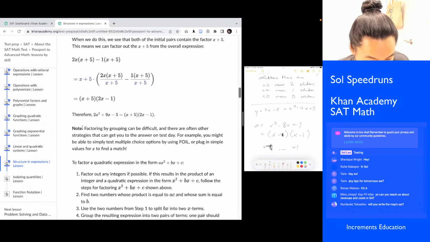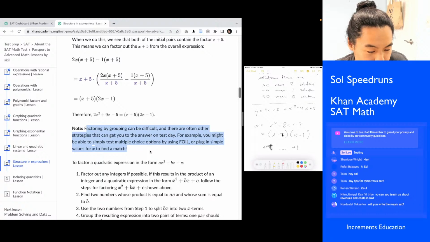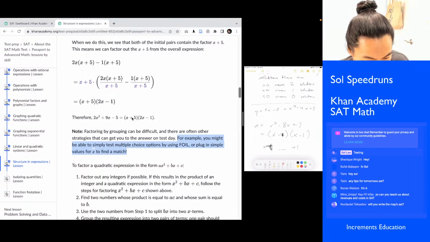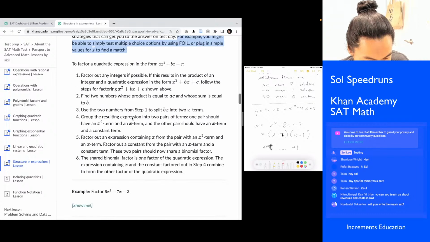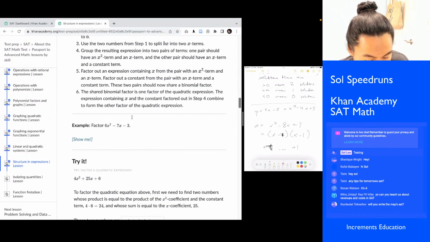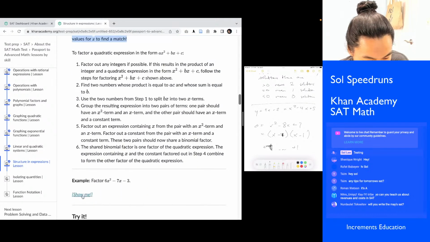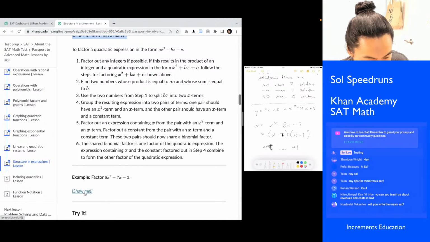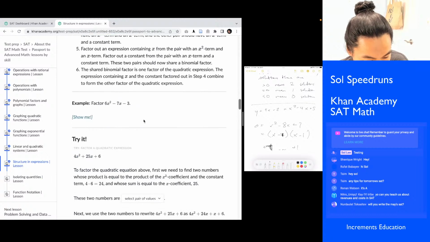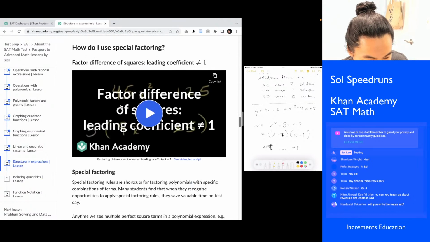It literally says it can be difficult and there are often other strategies that can get you to the answer. Then why would I use this? That seems a little over-involved, right? Isn't that a little too much? Do I want to factor by grouping?